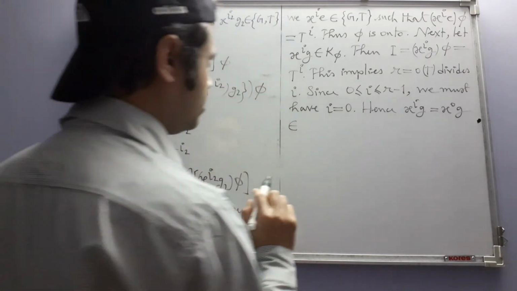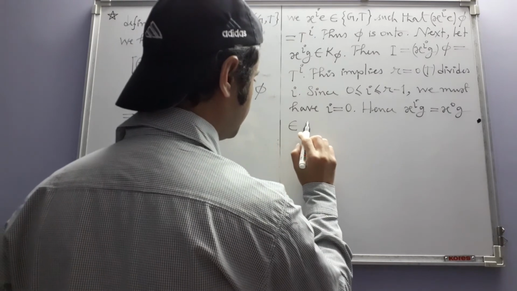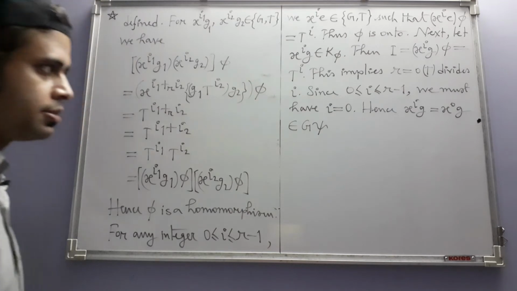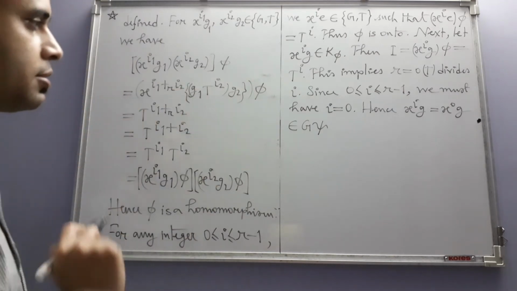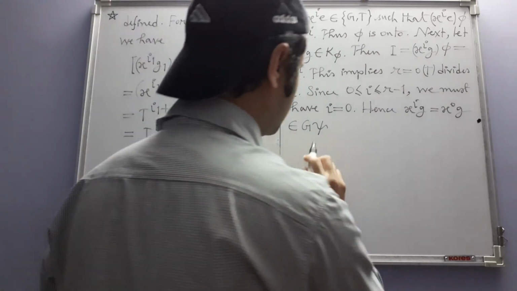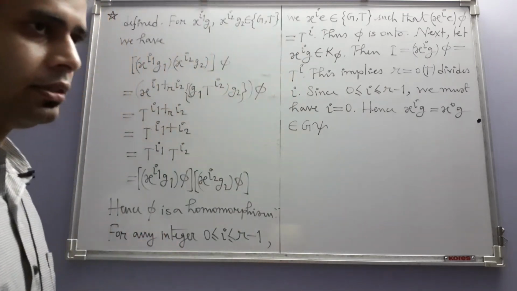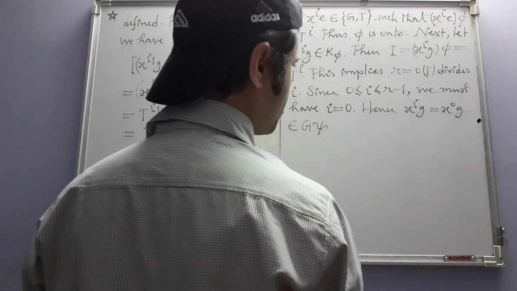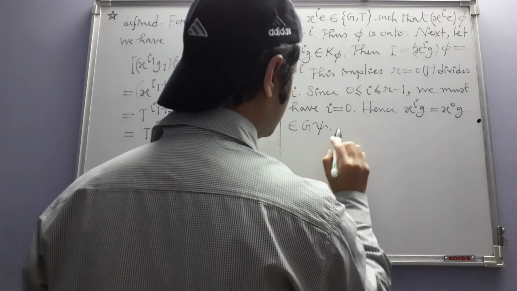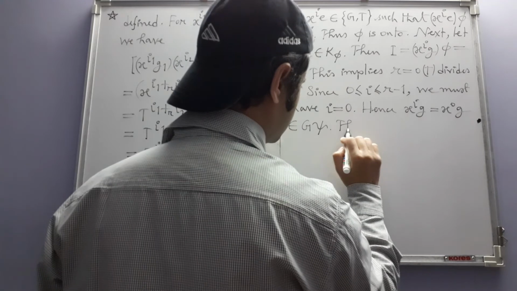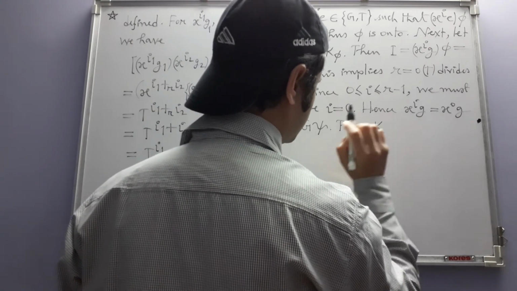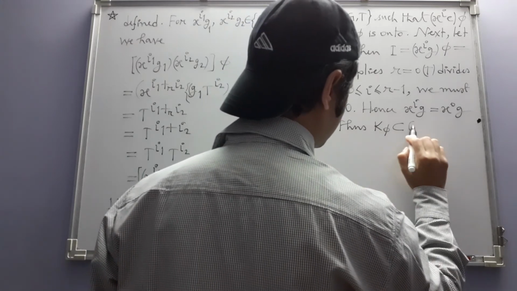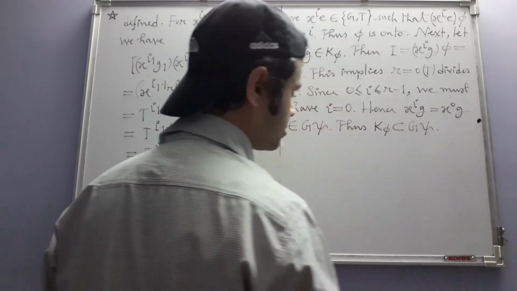This is an element in G psi, that previous map psi, which is an embedding that embeds G inside this group. Thus, the kernel of phi is contained in G psi.